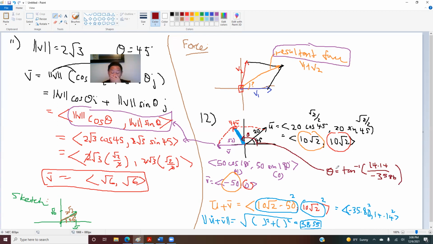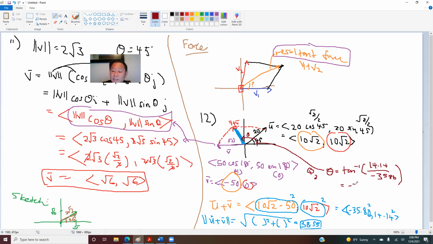To find theta, you always take the second component divided by the first component. Okay. Just watch out for quadrant. So figure out what quadrant it is. We know this is quadrant 2. So when you do this, the arctangent of 14.14 divided by negative 35.86.